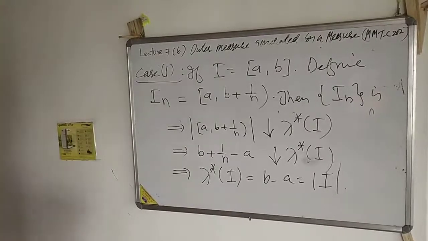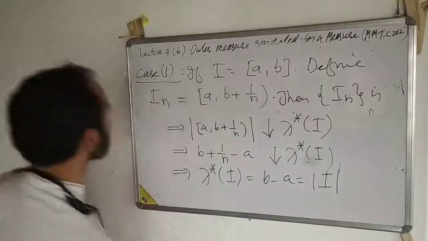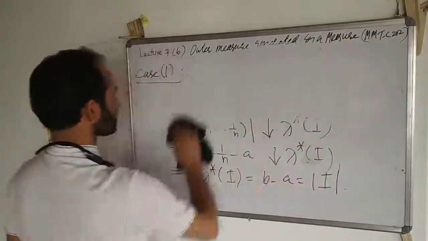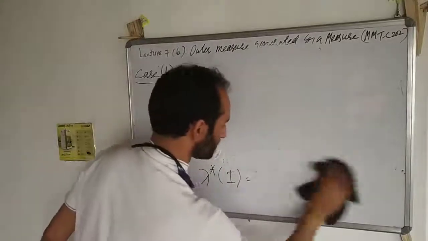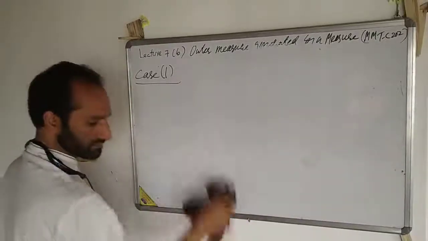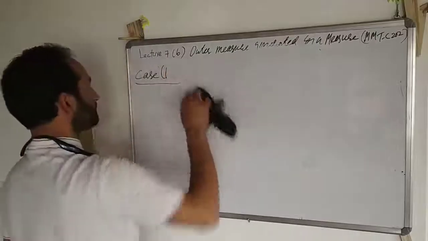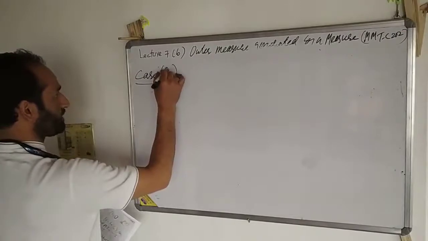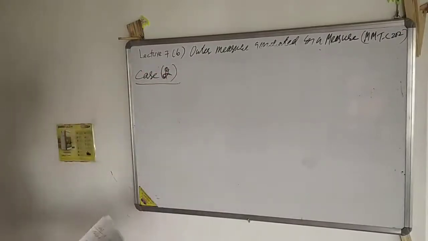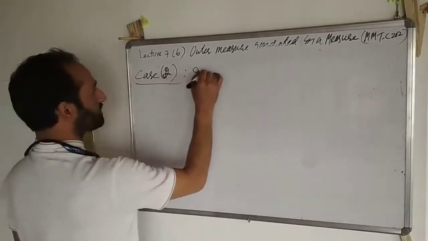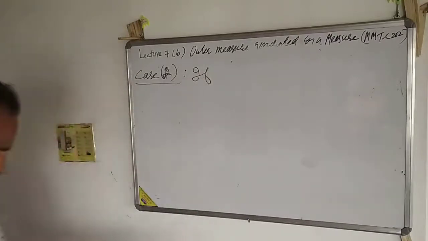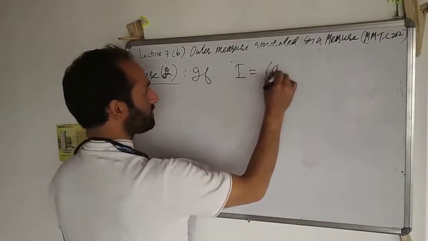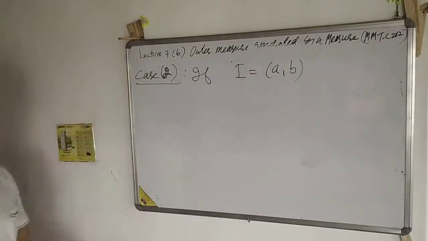Now we prove case 2. So let's do case 2 here. Suppose I is a closed interval, not closed, let's take an open interval, I is equal to the open interval (a, b).